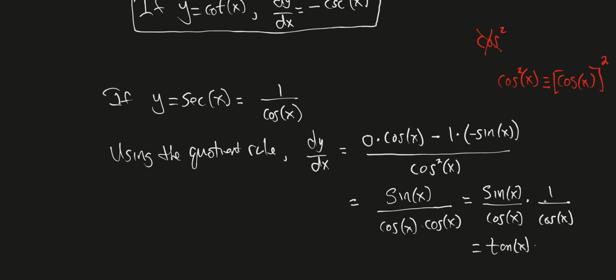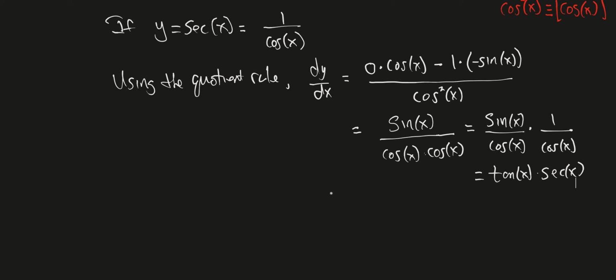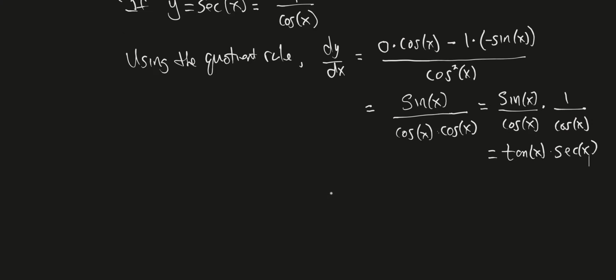And 1 over cosine is secant x. And that's the derivative of secant x. It's the product, and we normally put the secant first, right? We normally say it's secant x times the tangent of x. Let's summarize that one and box it off.